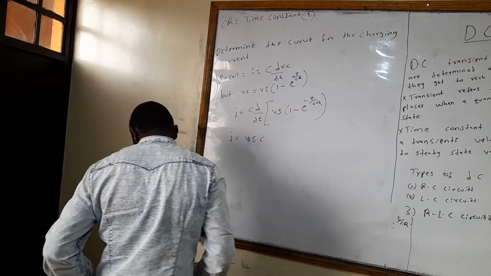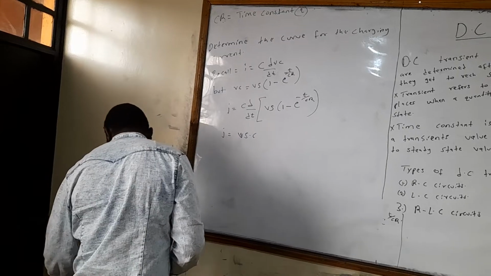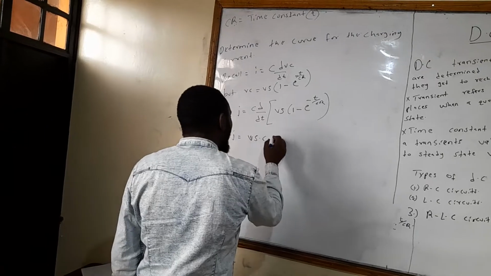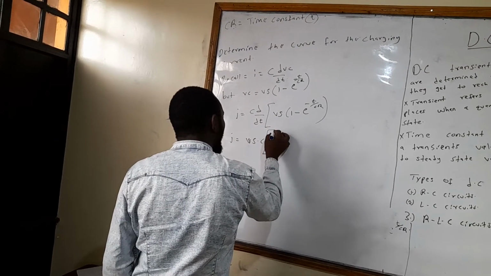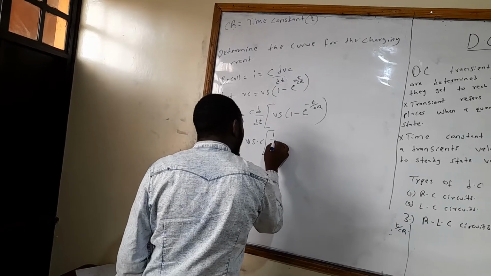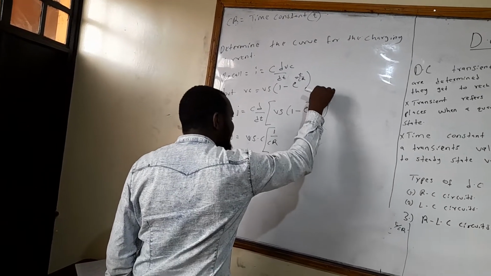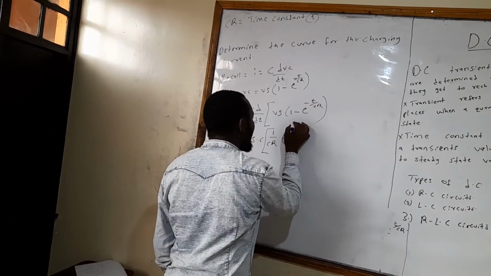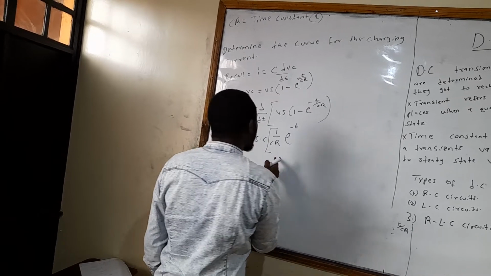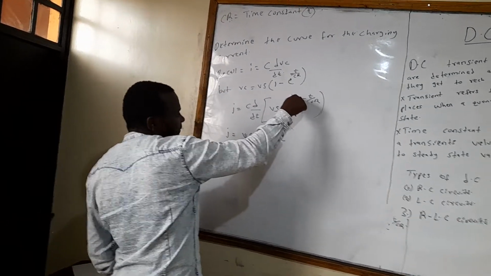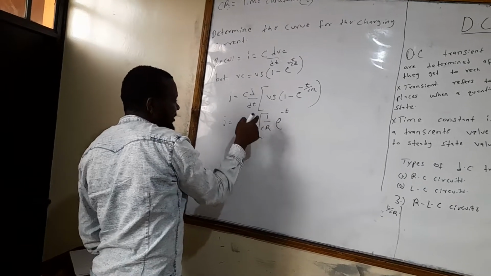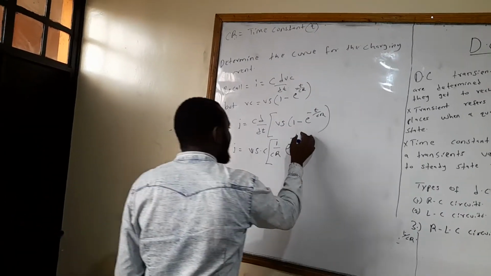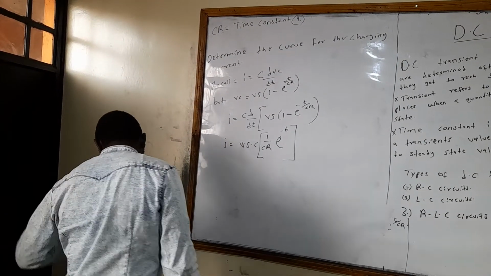If you haven't tackled differentiation, kindly have time to. You are going to have 1 over CR, because this T is constant, times exponential e power negative t over CR. Remember, we also have a negative here, but this negative and this negative will be a positive.